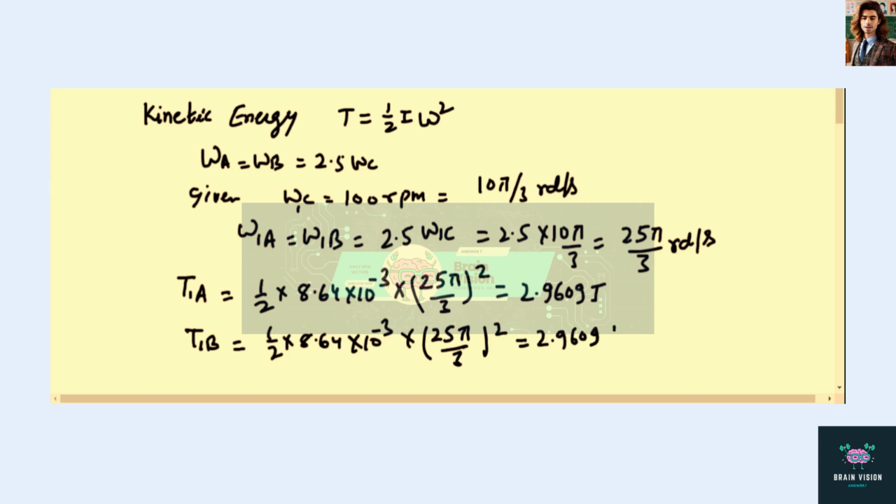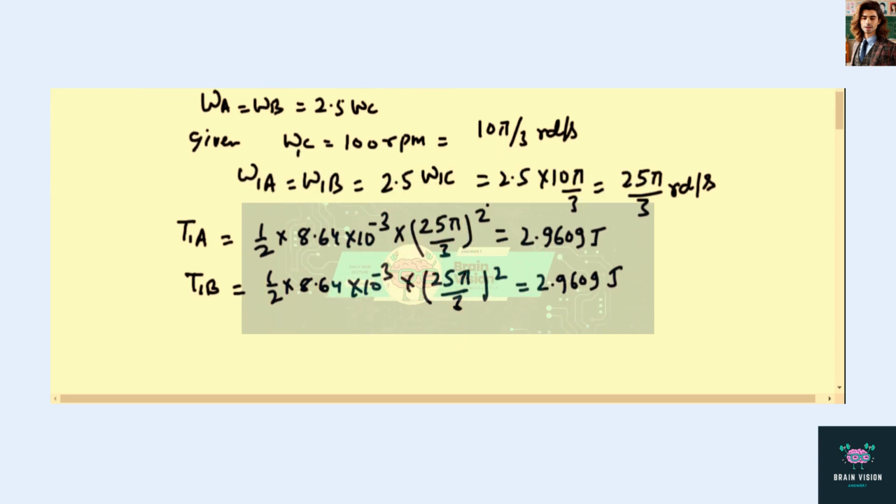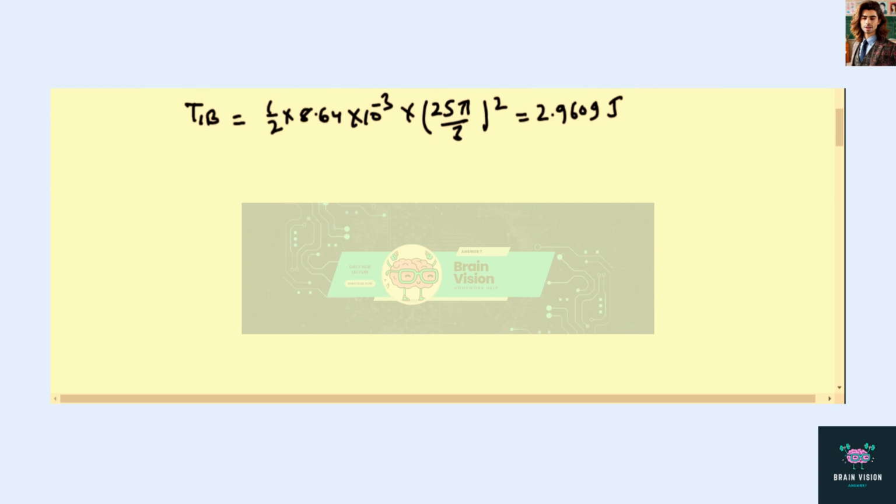Now the initial kinetic energy of gear C: half, its moment of inertia is 270 and angular velocity is 10 pi by 3. So it would be 14.8044 joules.